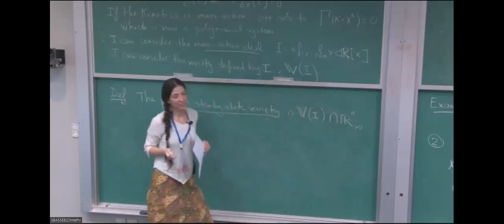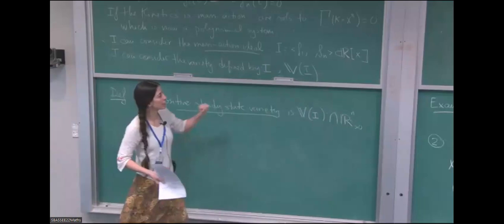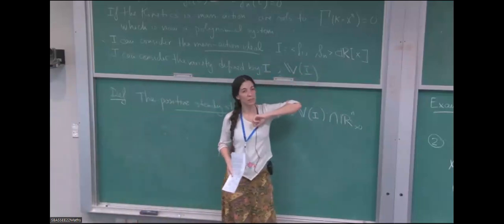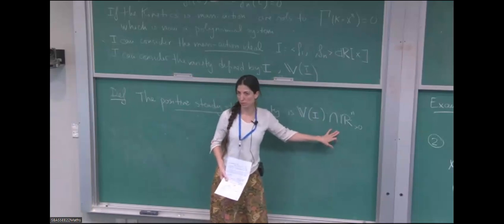And I really mean the intersection of this algebraic variety with the positive orthant. So this will be a semi-algebraic set defined by equalities, these equations, and then inequalities telling me that all variables need to be positive.